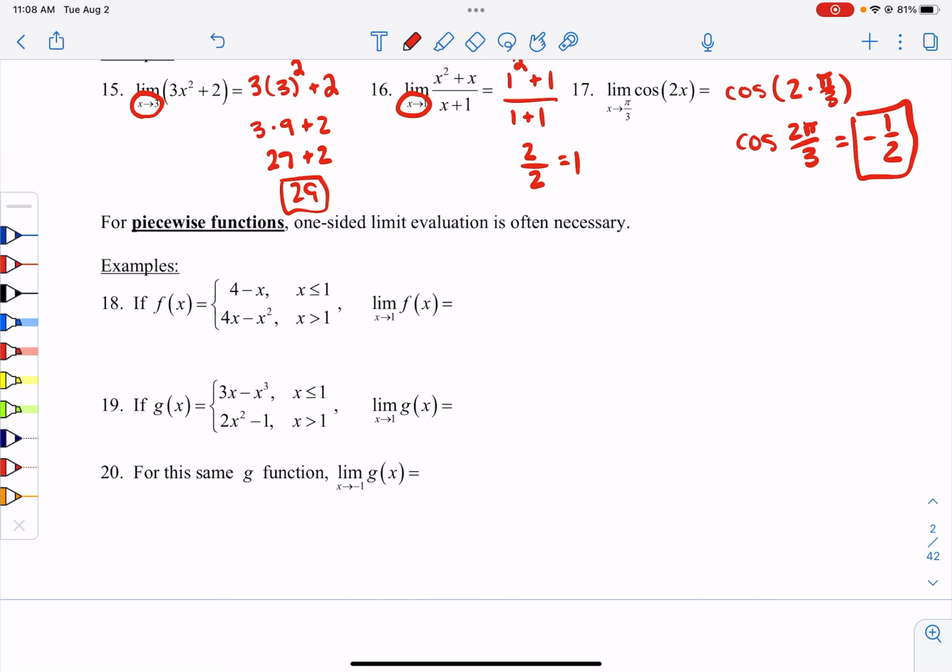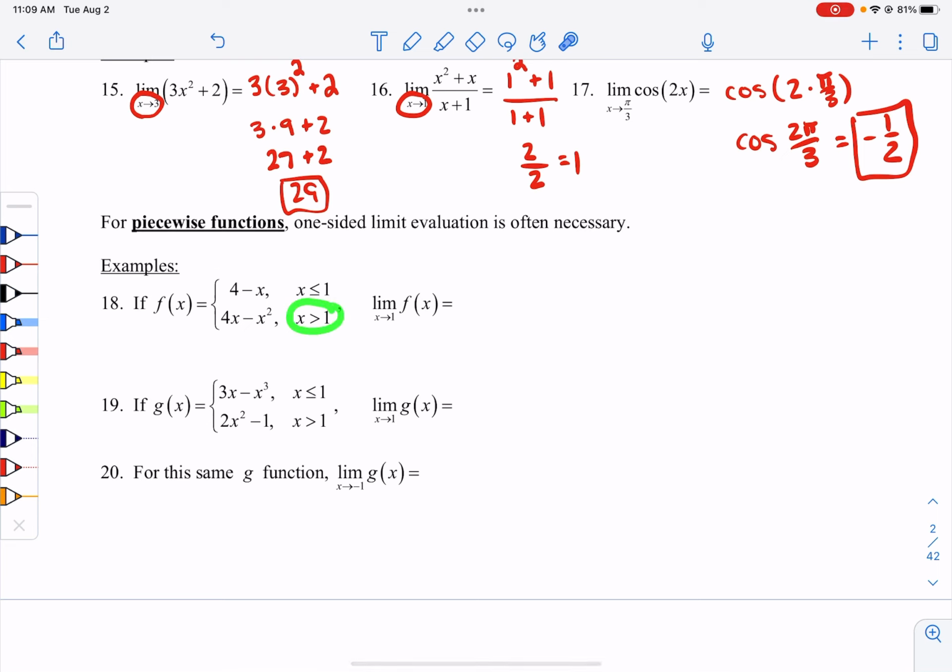For piecewise functions, one-sided limit evaluation is often necessary. It is almost always necessary when you're doing piecewise functions because they give you the piecewise function on purpose. Look at what they did. Here's f of x. When x is less than or equal to 1, I'm going to use 4 minus x.